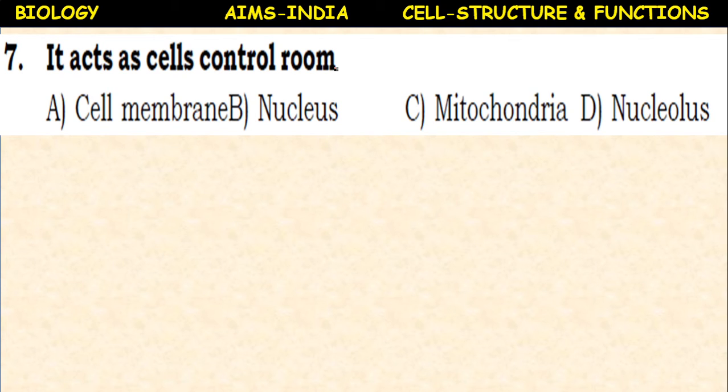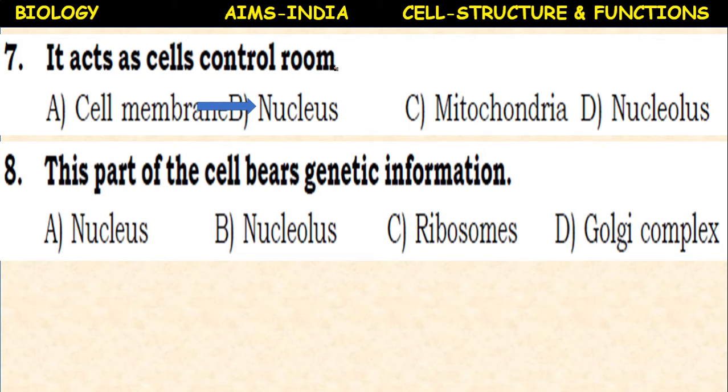Which of the following organelle acts as cell's control room? Cell membrane, nucleus, mitochondria, nucleolus. So it is the nucleus. Nucleus acts as cell control room. This part of the cell bears genetic information.